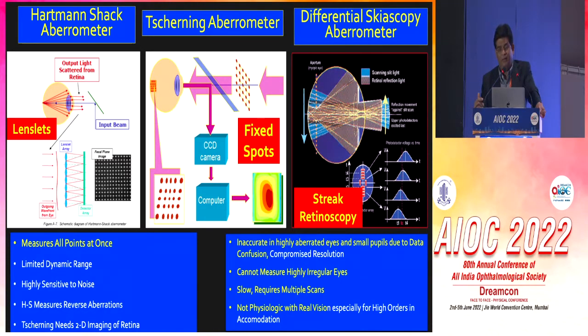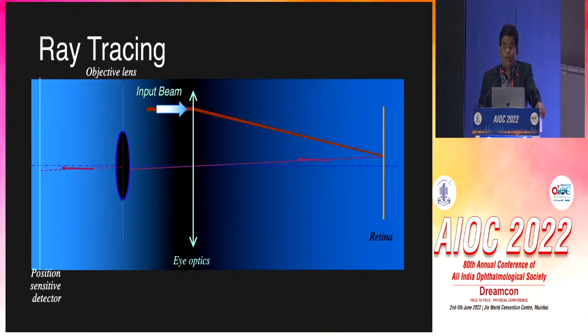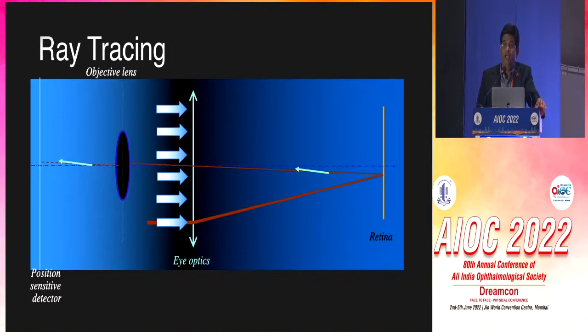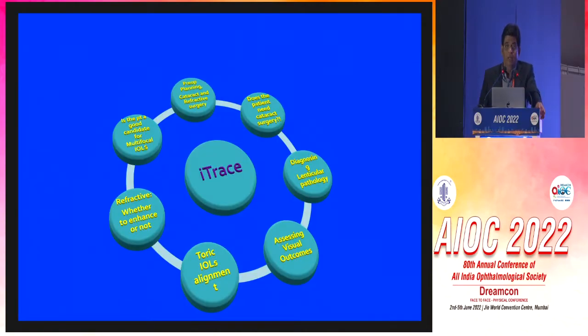So, there are some inaccuracies which can come in, something known as the crossover effect, or there can be some duplication of spots. So, especially in complicated eyes, it can lead to a problem in the data that you collect. What the ray tracing does is it fires individual spots and individually they are analyzed. So, therefore, the data which we get is far more accurate and it does not suffer from the inaccuracies of the data collected. Now, what all can the iTrace do for us?